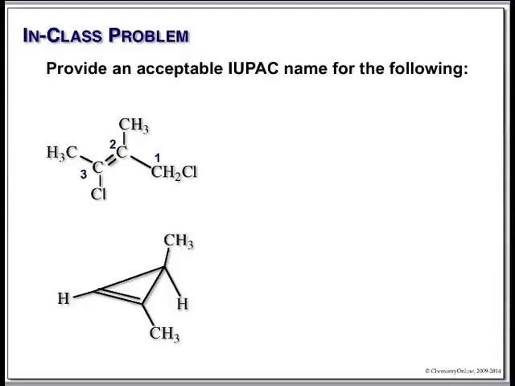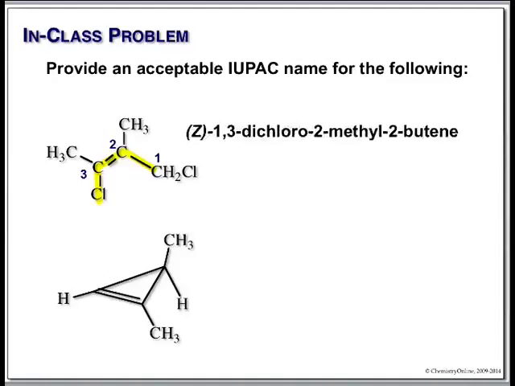If we start numbering here, we will have a 1-chloro substituent. We have 3 carbons in our chain. Z, 1,3-dichloro, 2-methyl, 2-butene. 4 carbons in our chain, not 3.